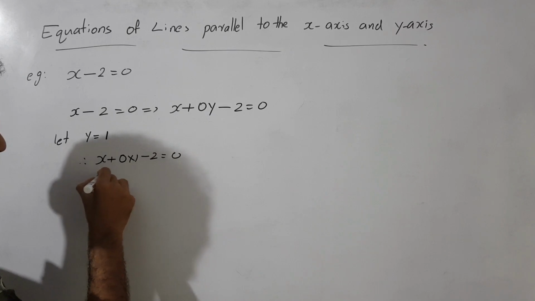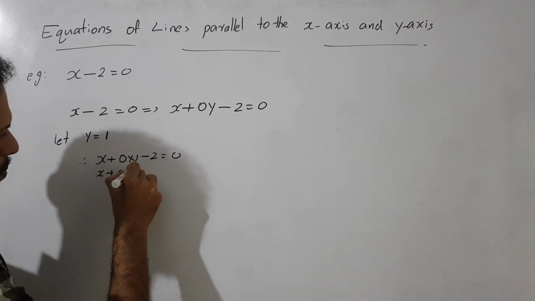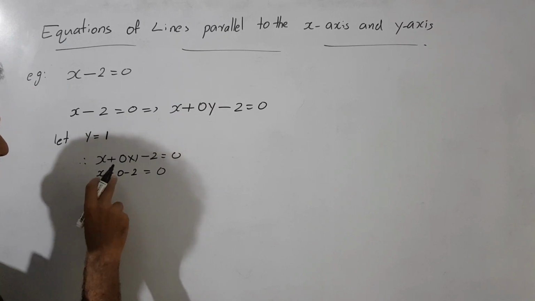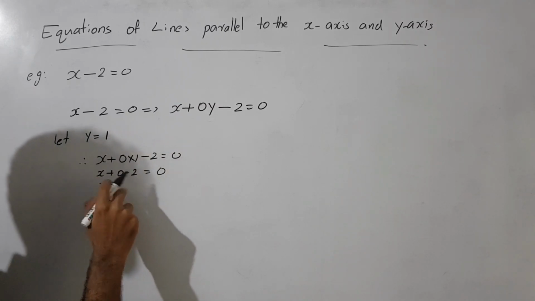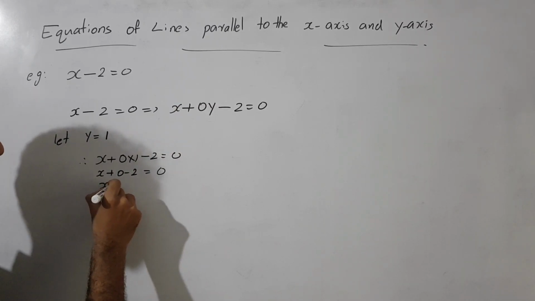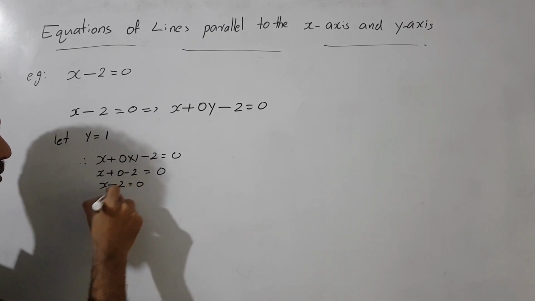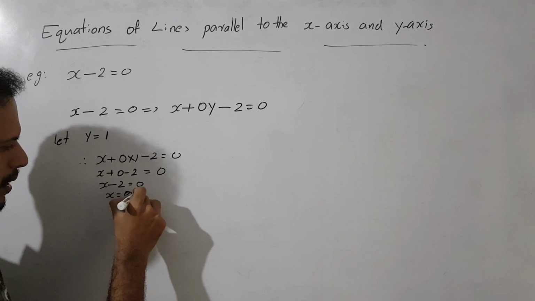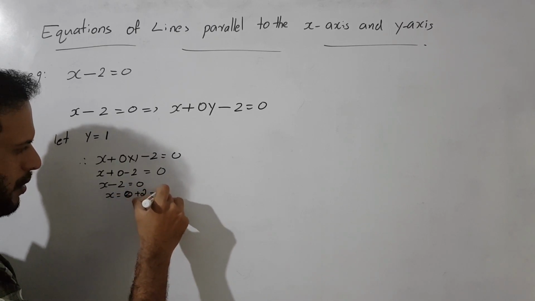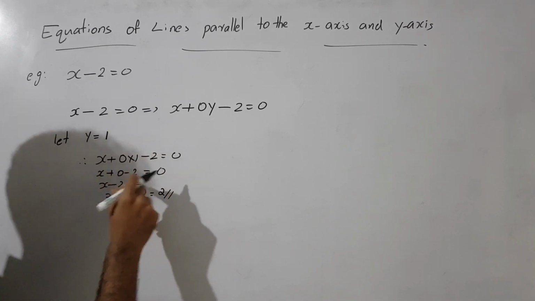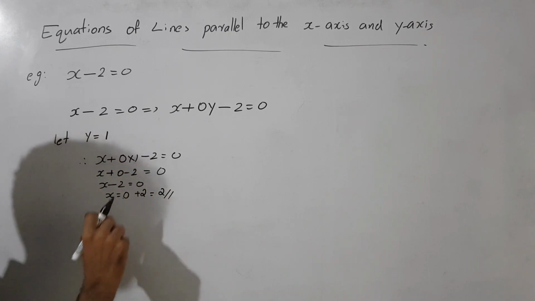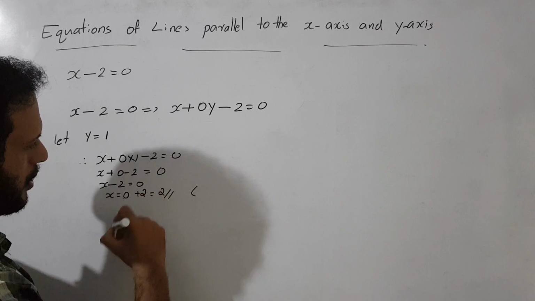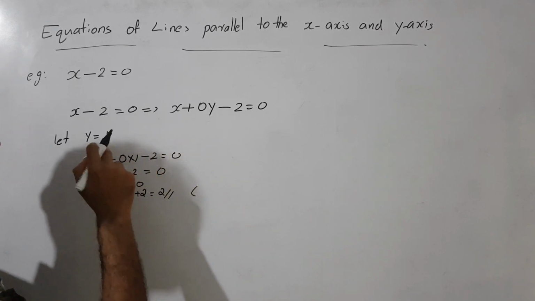So x minus 2 is equal to 0. So x is equal to 0 plus 2, correct? We transpose minus 2 to the other side, then 0 plus 2 is equal to 2. So the solution is (2, 1).